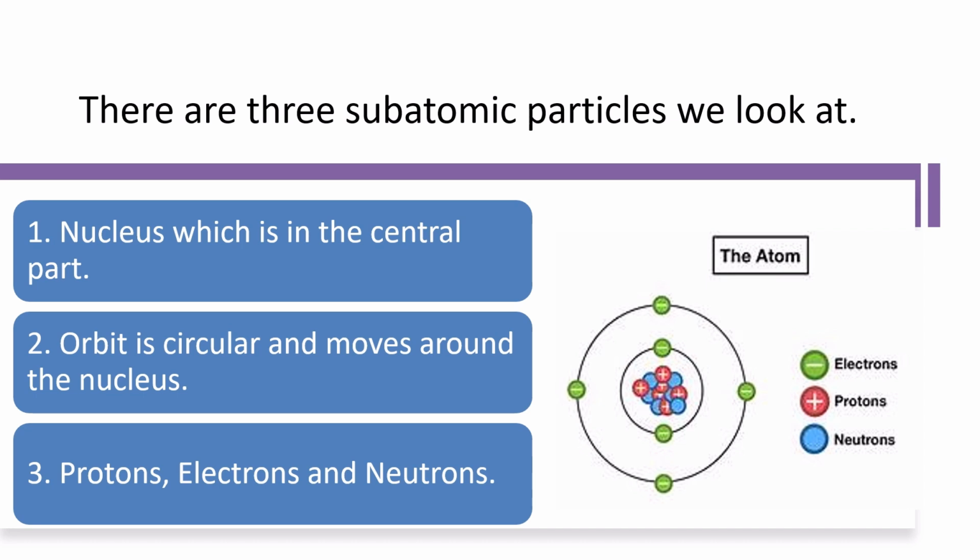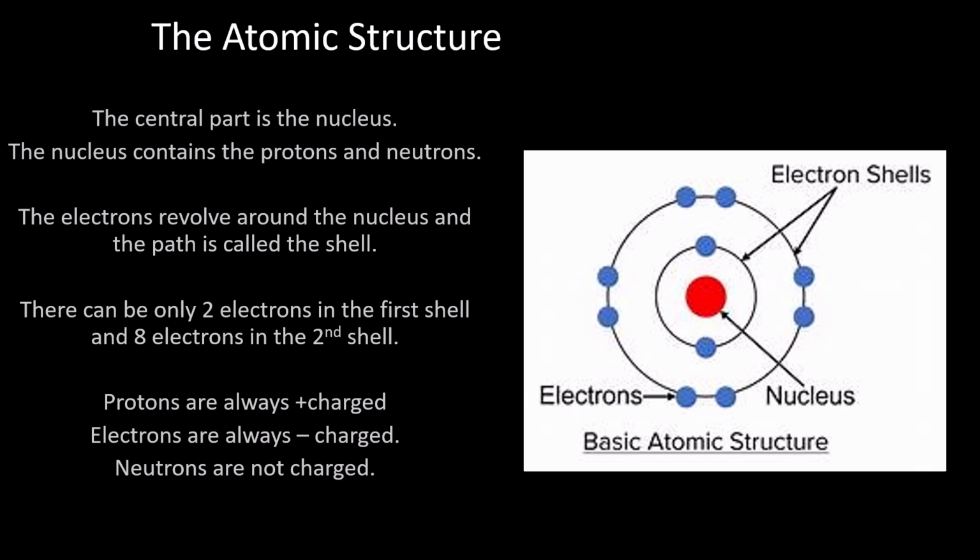The nucleus, which is the central part. The orbit is circular and moves around the nucleus. Protons, electrons, and neutrons. The atomic structure. The central part is the nucleus. The nucleus contains the protons and neutrons.